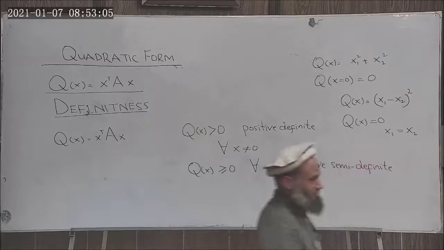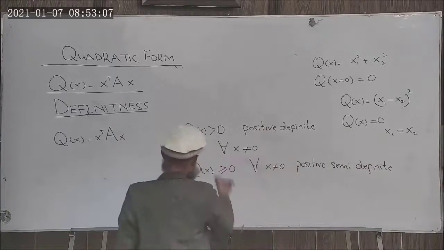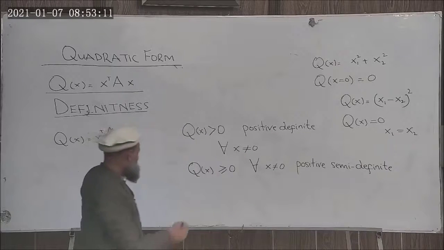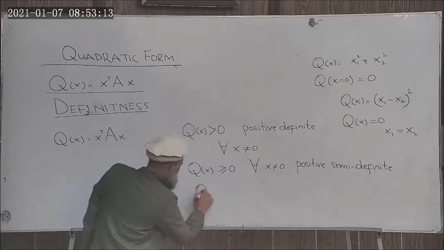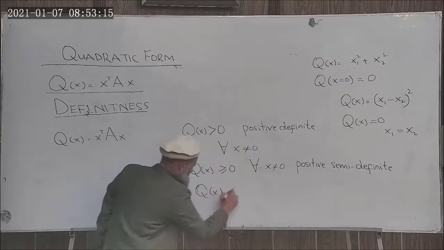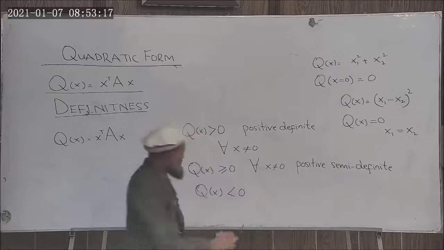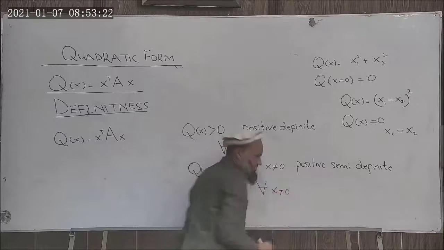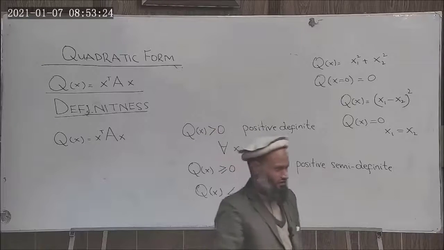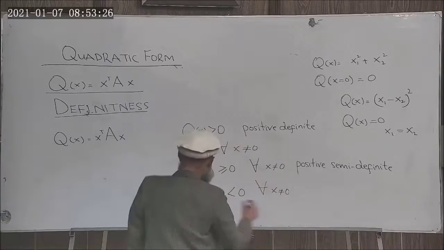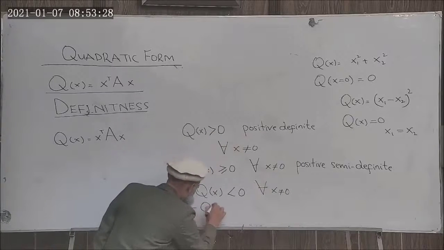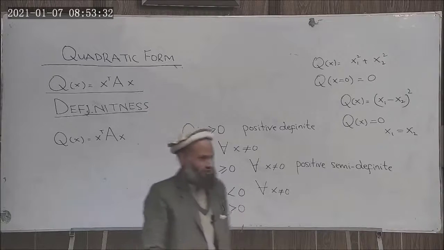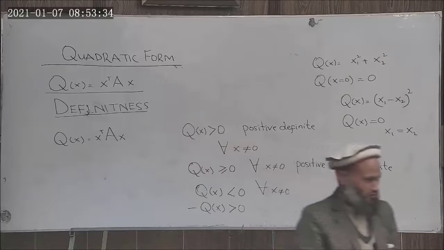What is a negative definite quadratic function? If q of x is less than 0 for any x not equal to 0, then this will be called negative definite. Alternately, if minus q of x is positive definite, then q of x will be negative definite.